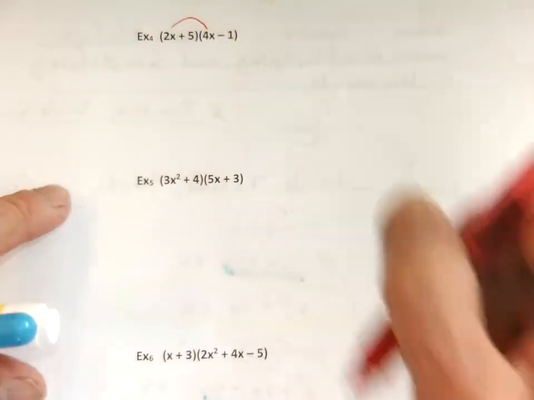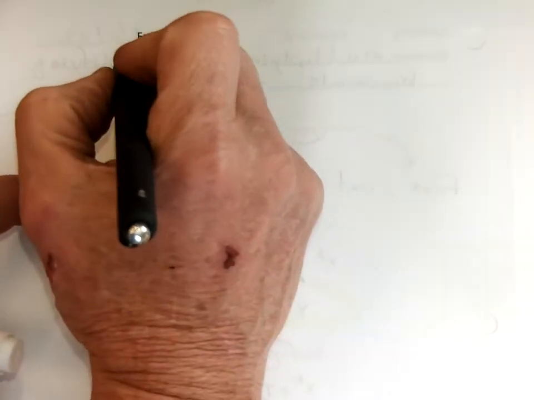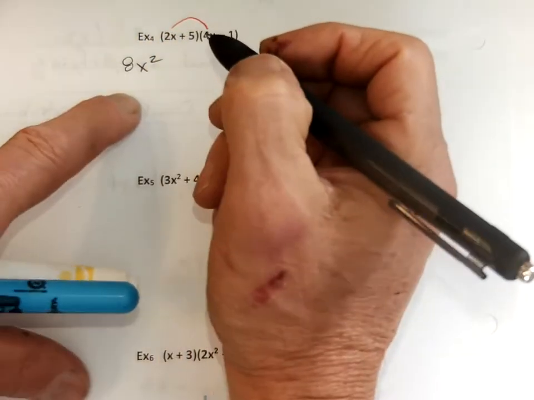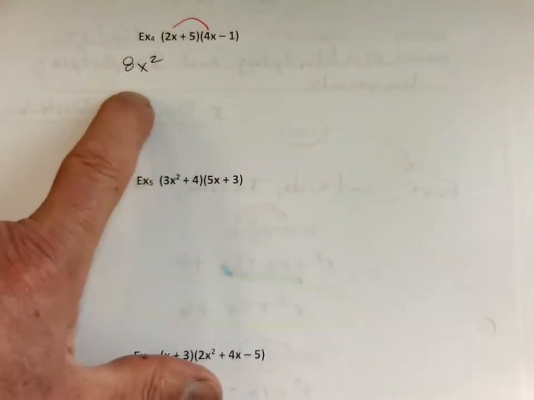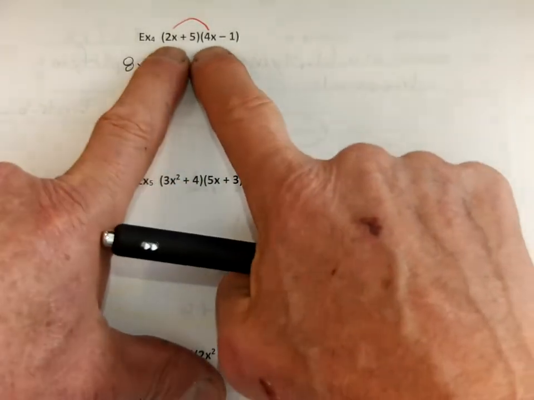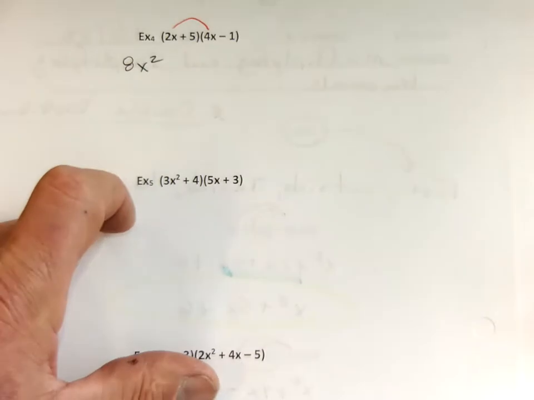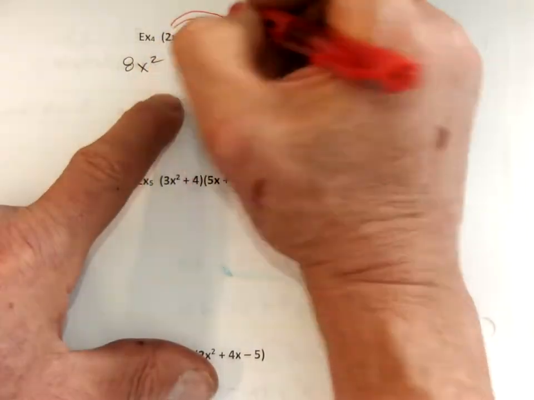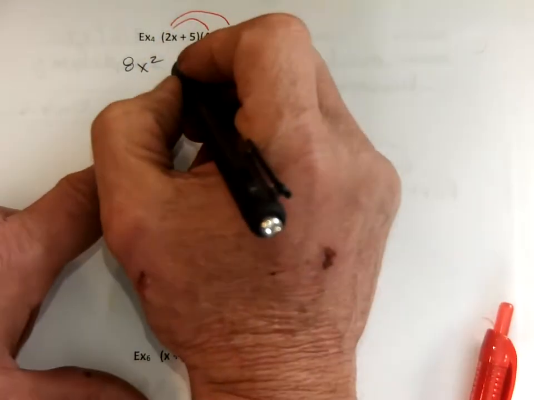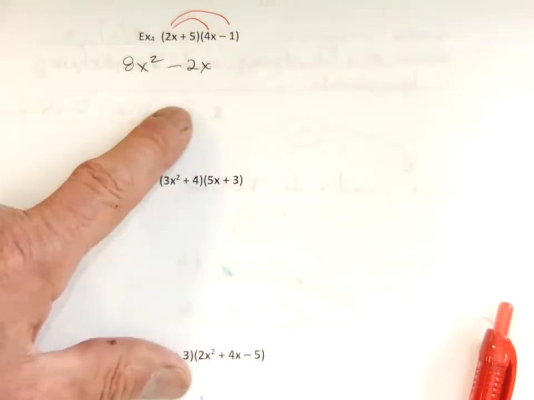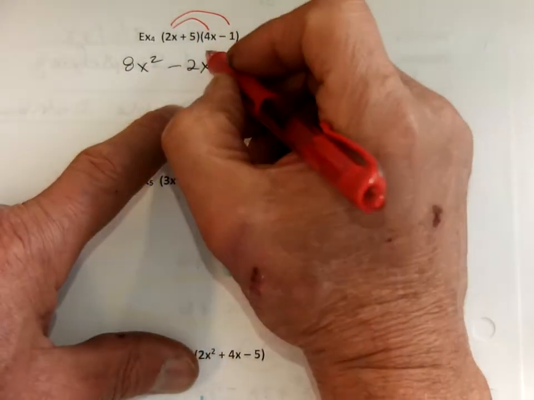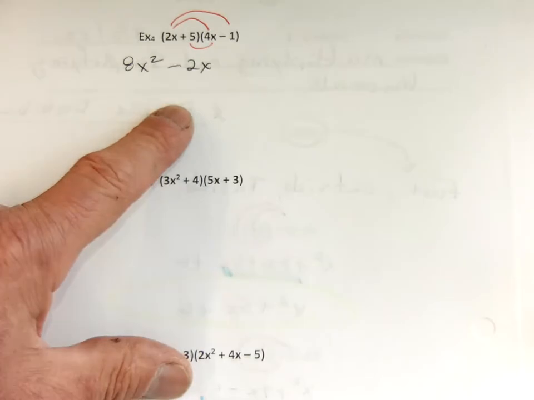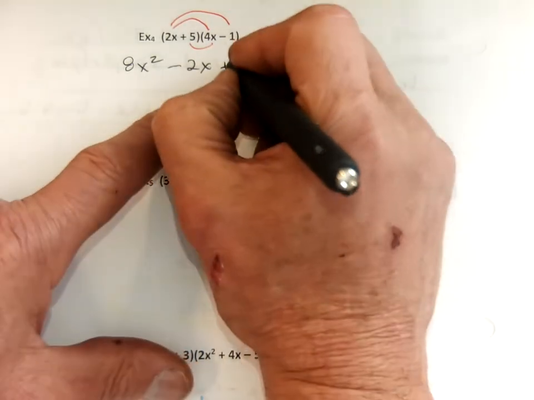2x times 4x makes an 8x squared. Do you guys get that? Did you get 8x squared? Yes? Does that make sense? 2 times 4, x times x. Then 2x times negative 1 is a negative 2x. 5 times 4x is a positive 20x.